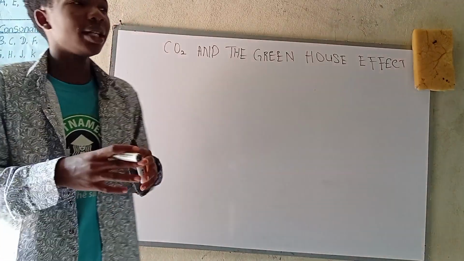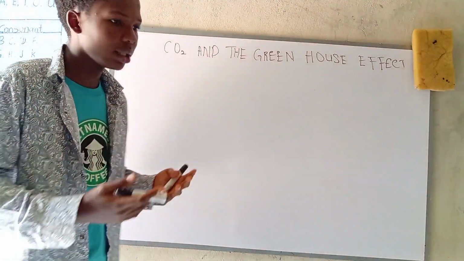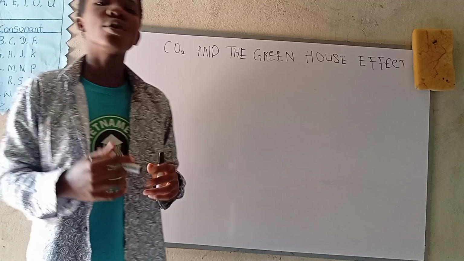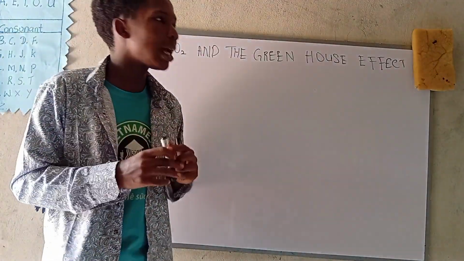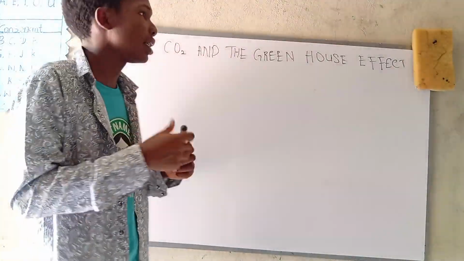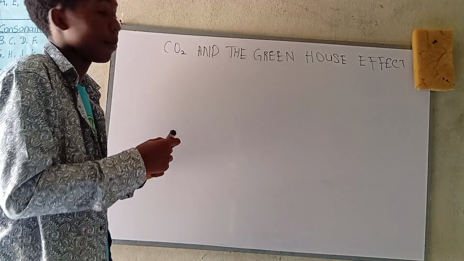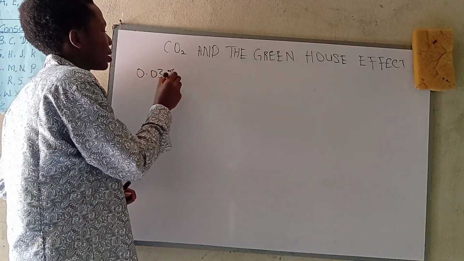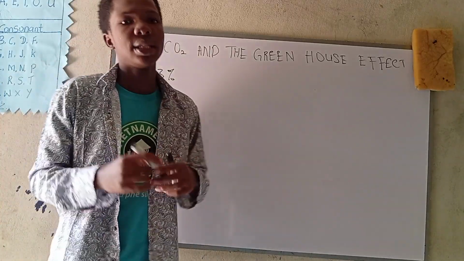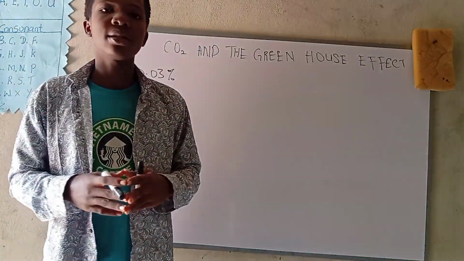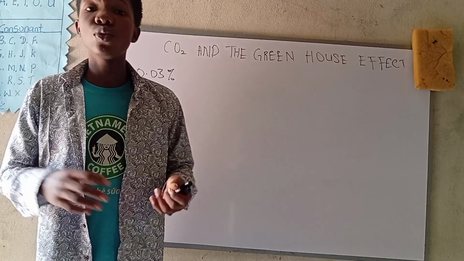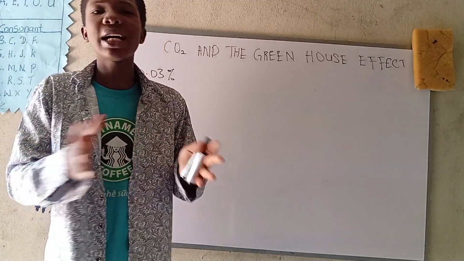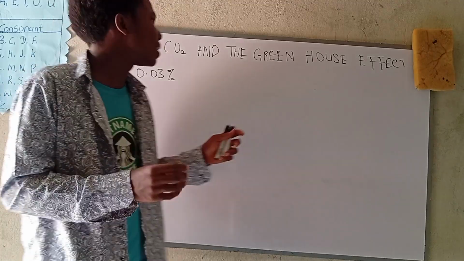When this radiation gets to earth, normally with time it will go back, but going back, normally we have, I think I noted this point when I was talking about CO2 in part 2. I said we have 0.03% CO2 in the atmosphere.